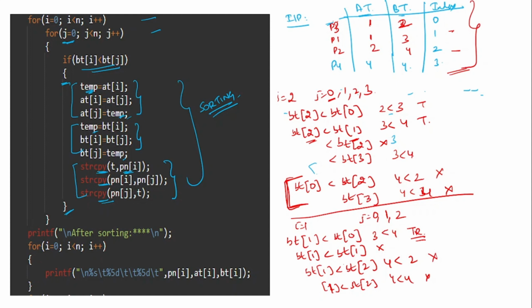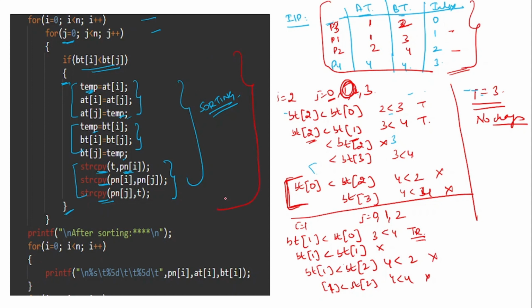So even if you go ahead and now increment the value of i equal to 3, no more changes would be there. Even for j equal to 2 and j equal to 3, there were no changes. There was only one change when j was equal to 1. So this would be the final table after all the computation. After all these computations, you will get this particular table as the final value.